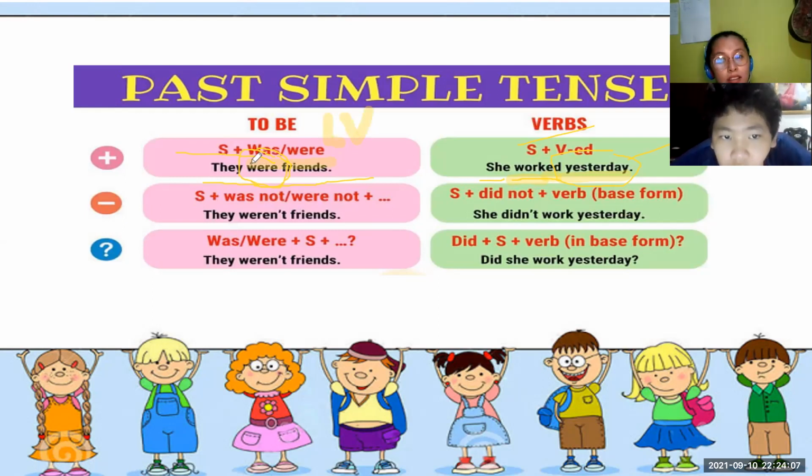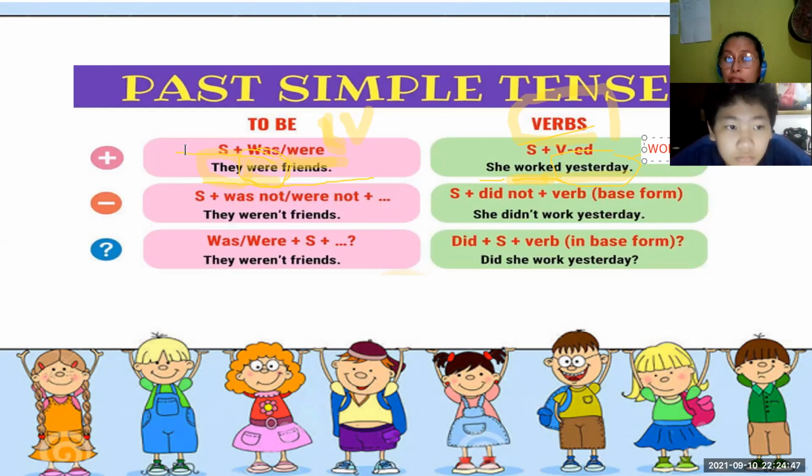Was is for singular, that is already done, and were is for the plural linking verb. Since they is the subject, it's plural, it's many, that's why we are using were. Do you understand that? But if it's a verb, like for example work, we just add ed, so work becomes worked.